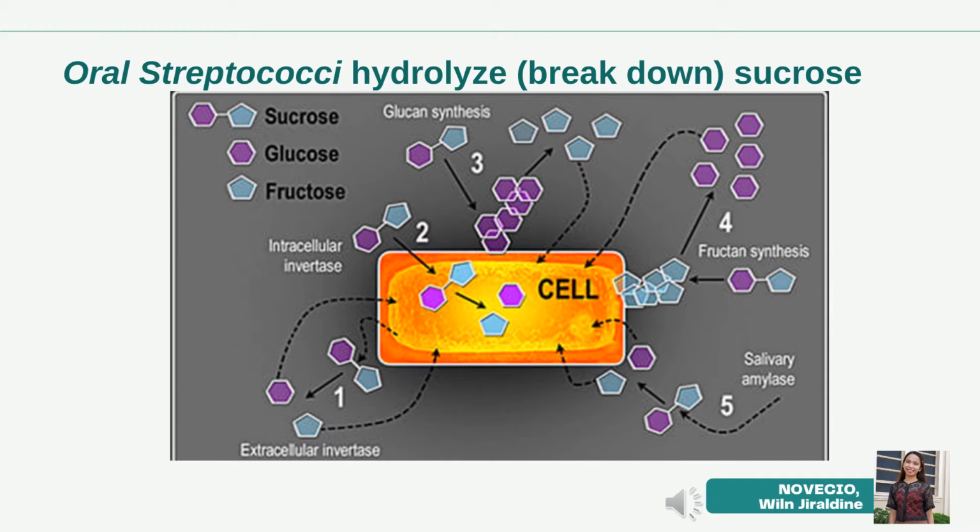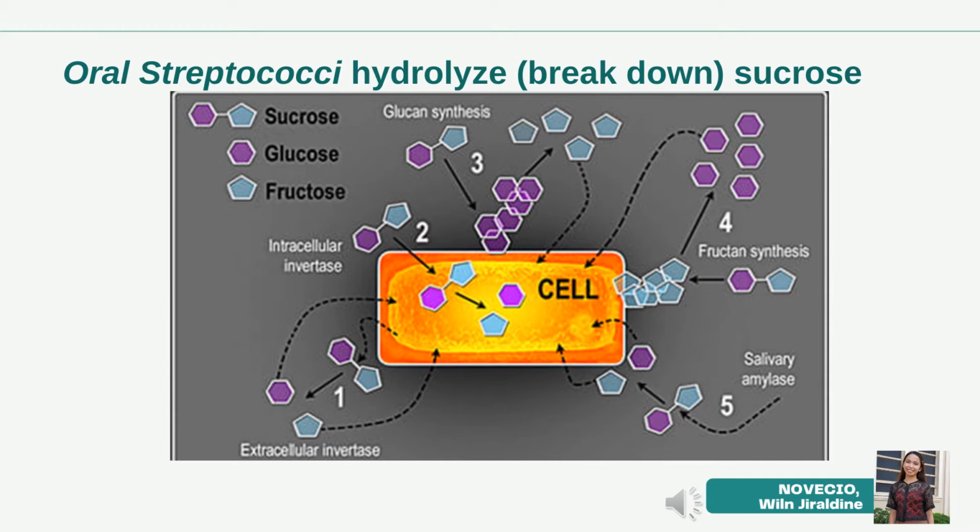There are mechanisms by which oral streptococci hydrolyze or break down sucrose, as shown in this picture. Extracellular invertase cleaves the energy-rich glycosidic bond between the glucose and fructose. Then, the bacterial cell transports the sucrose across the cell membrane and cleaves the glycosidic bond using an intracellular invertase.